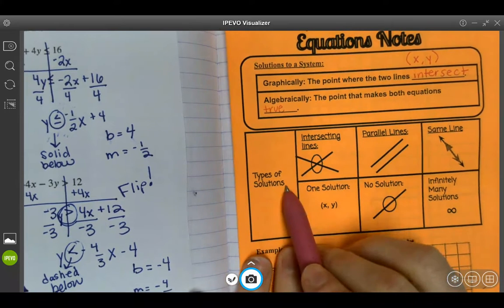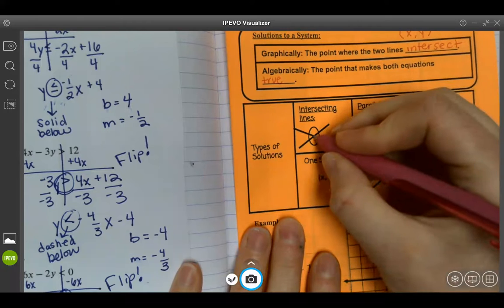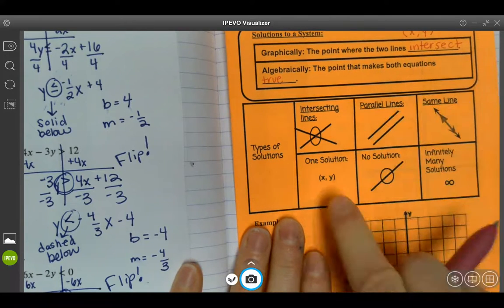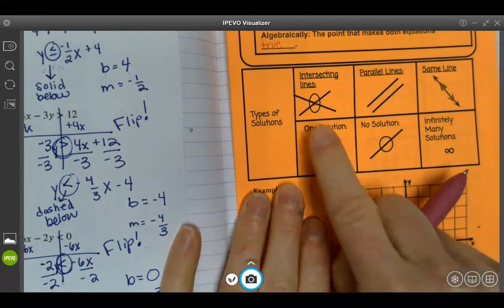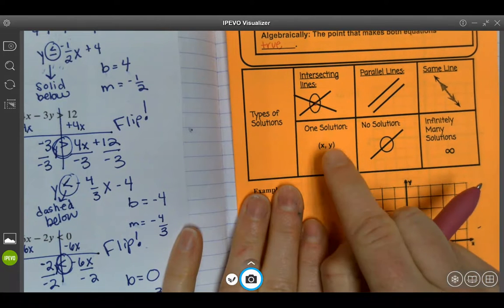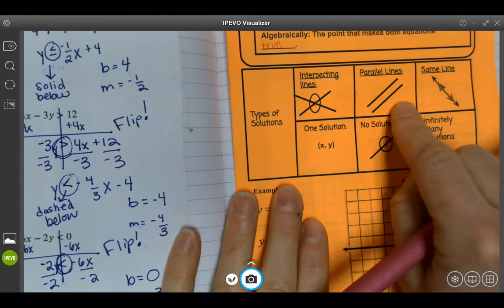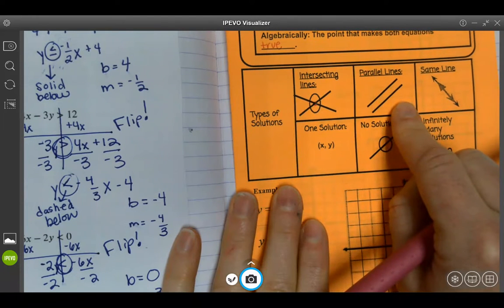So types of solutions. If the two lines that you graph intersect, the point where they intersect will be your solution, x, y. It's one solution. If you graph two lines on a graph, but they never touch, they're parallel. Remember, systems, the solution is where they intersect.